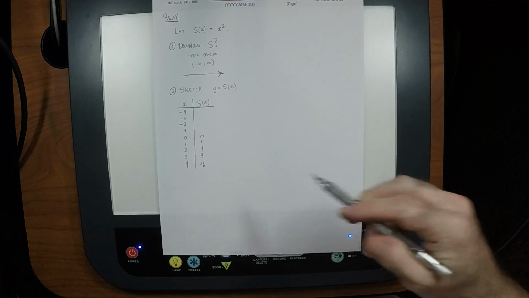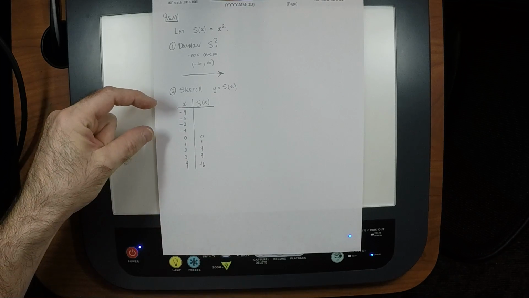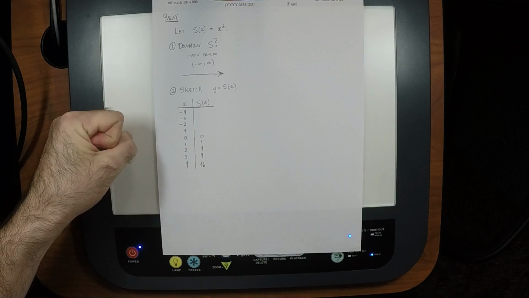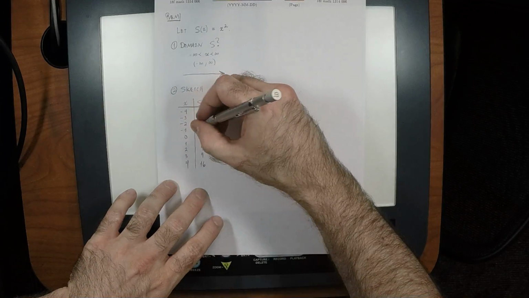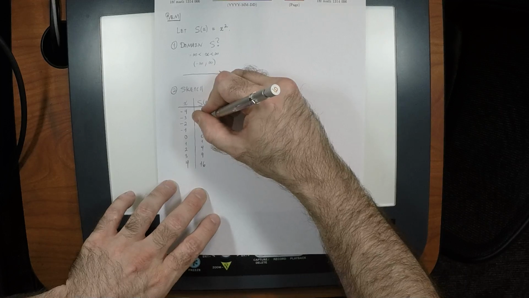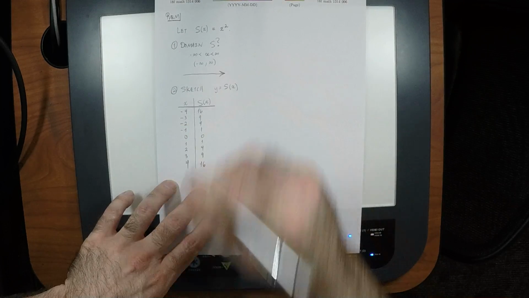So I claim that the negative ones are easy. What are they? The same as these. They'll still be the positive ones, right? Because the squaring gets rid of the negative.